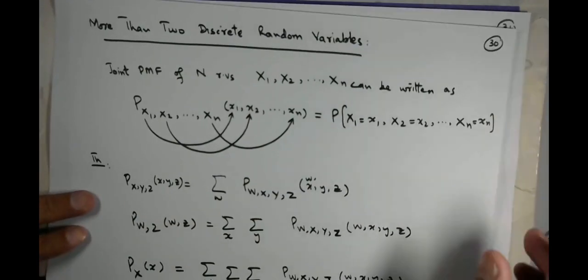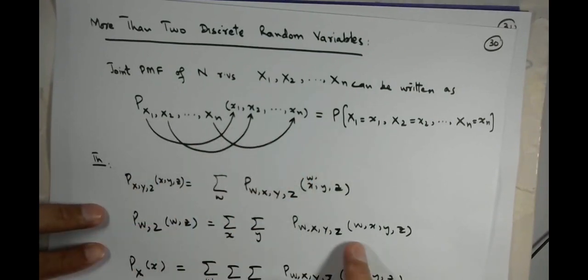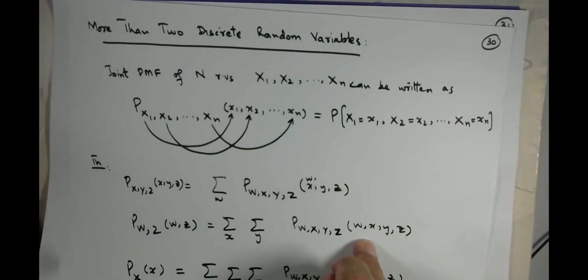Now my dear students, we'll see how we can extend the concept of independence to n random variables. We have been able to write the giant distribution of random variables. We have been able to see how we can find the marginal distributions.